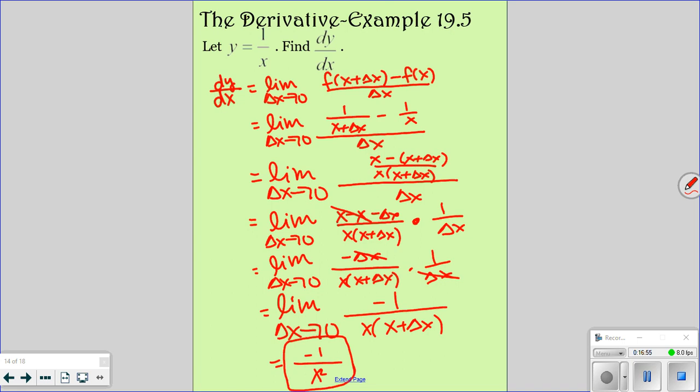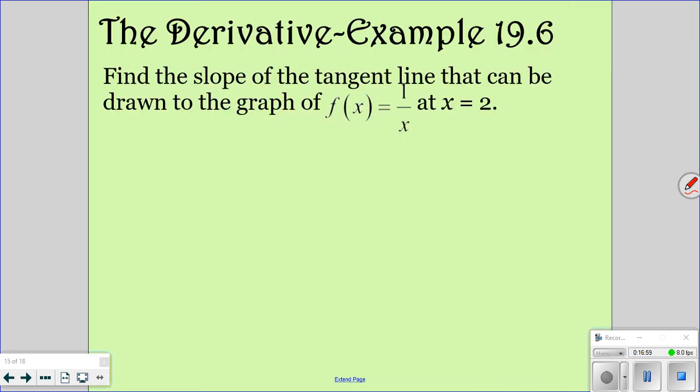Okay, so that's the answer for that one. For the next example, 19.6, we're going to find the slope of the tangent line that can be drawn to the graph of 1 over x at x equals 2. So when it asks about slope, we need to use the derivative. And we just found the derivative of 1 over x.